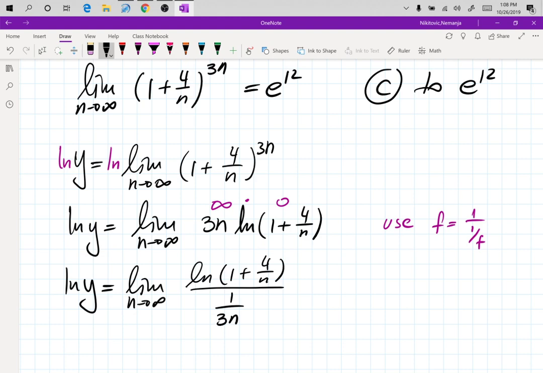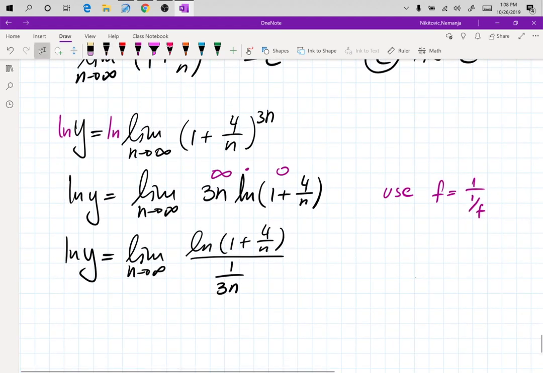So that's when I take 3n and put it in the denominator, I have to put it as 1 over 3n, because you have to use it. That's how we use the trick. So now I have 0 divided by 0, which is the L'Hopital case, right? When you plug in infinity, 4 over infinity goes to 0, ln of 1 is 0, and then 1 over infinity is 0, so 0 over 0.